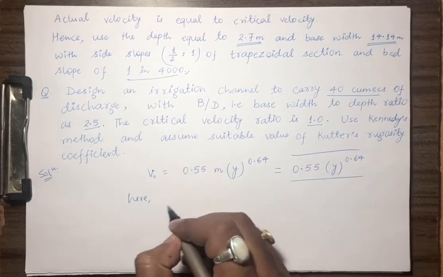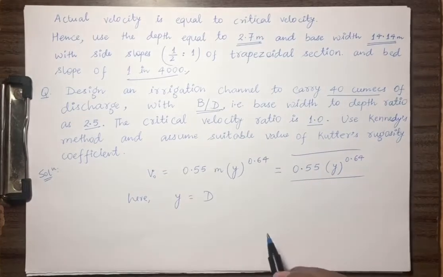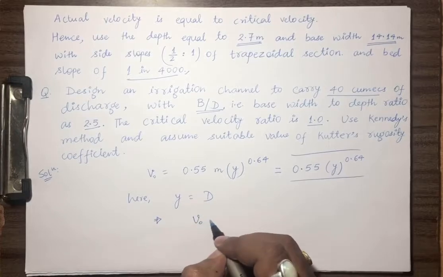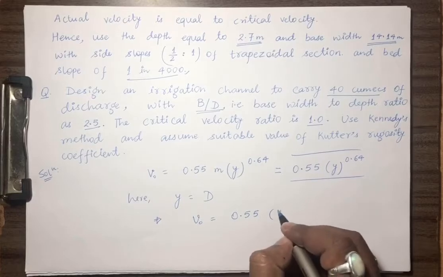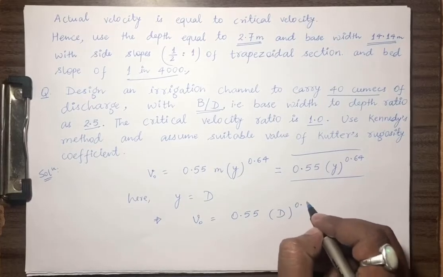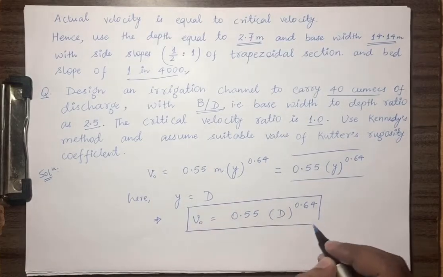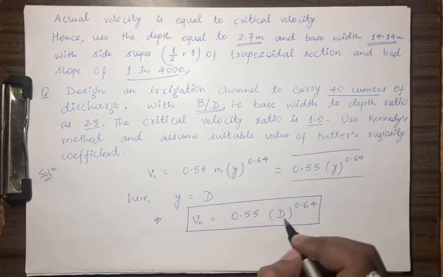Here y is given as D, so this implies the velocity will be 0.55 D raised to power 0.64. Up to here I don't think any problem is there.